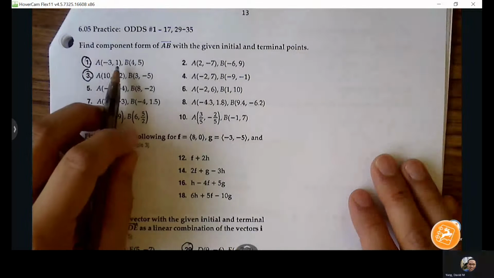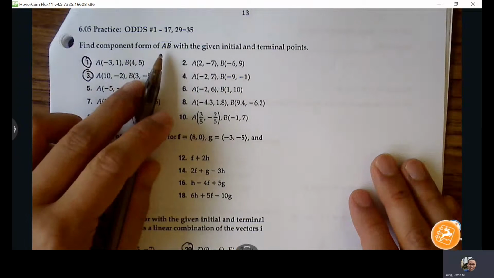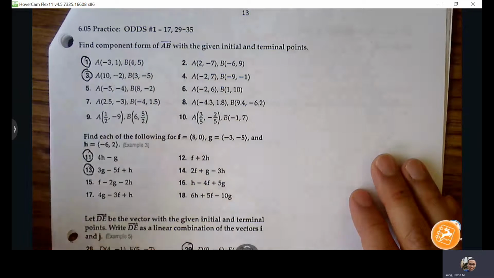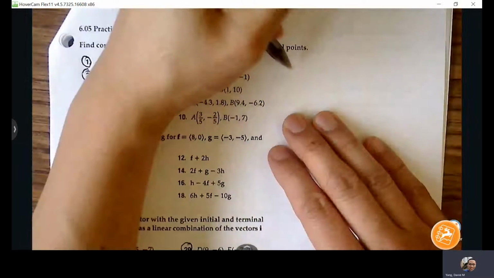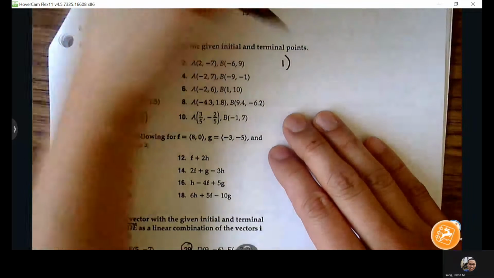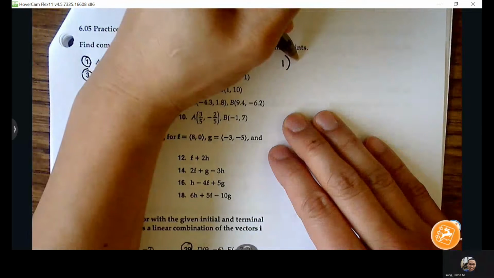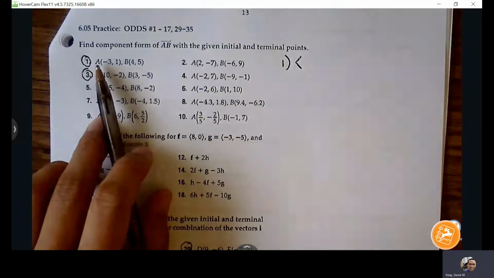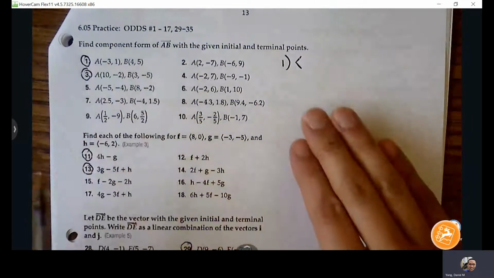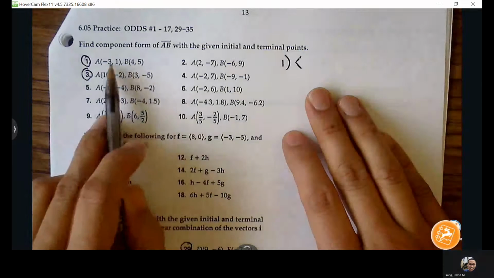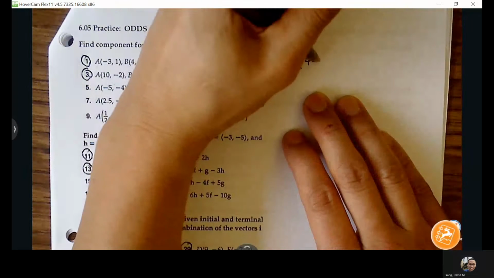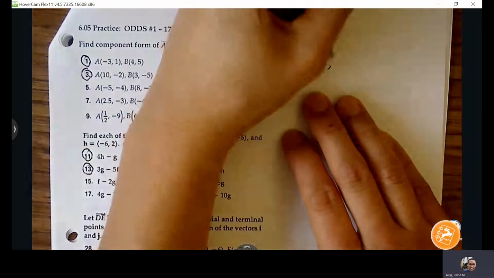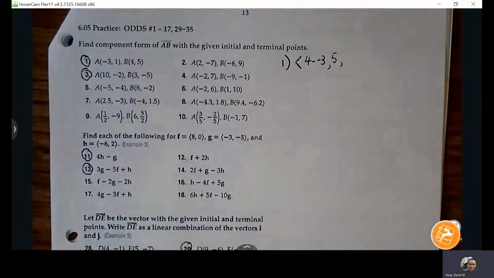Okay. All right, so this is writing component form with initial and terminal points. So A is initial and B is terminal. So this is the x2 minus x1, and then the y2 minus y1. It's 5 minus 1.